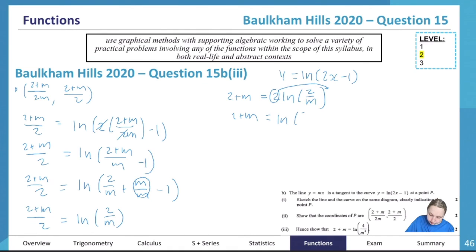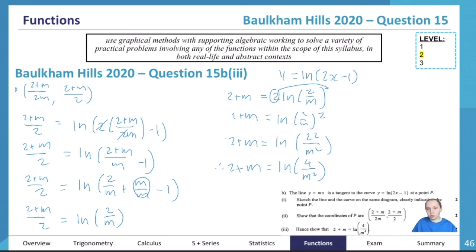So you're going to have ln 2 on m all squared, which is going to be 2 plus m equals ln 2 squared on m squared. So 2 plus m equals ln 4 on m squared, which is what we've been asked to show here. Okay, and then that's all you have to do for that question.